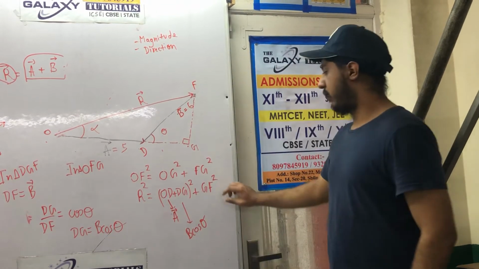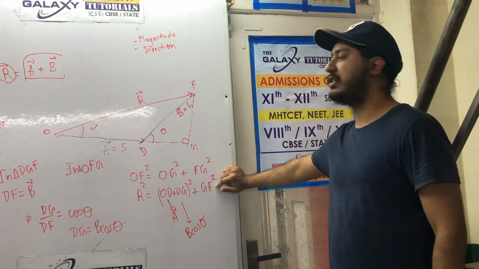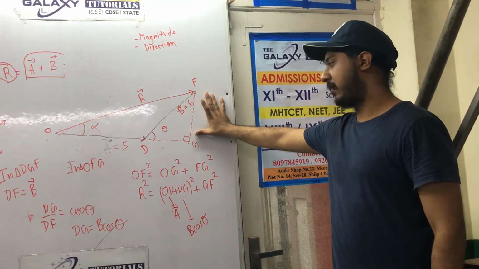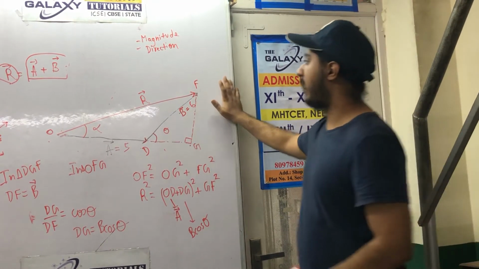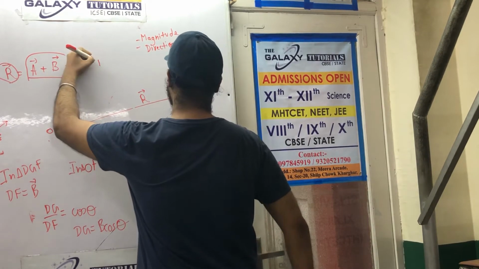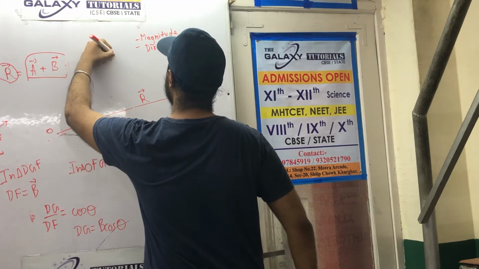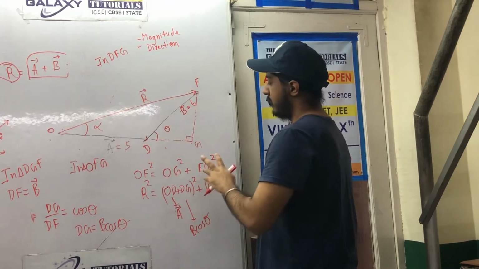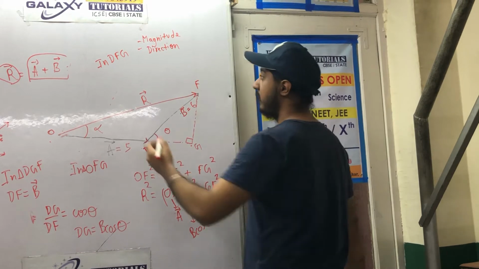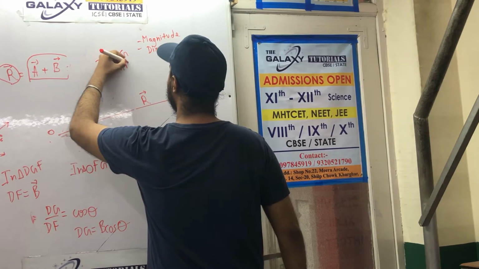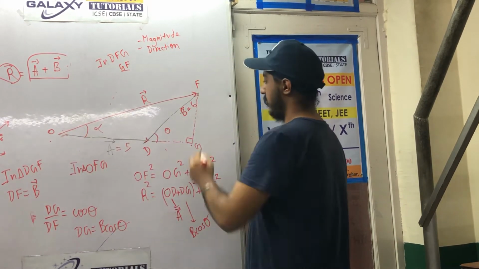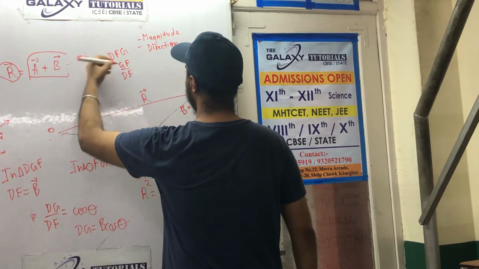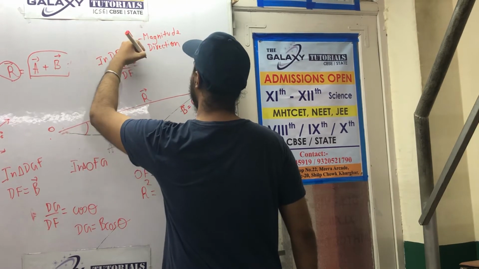Okay, now the last value is our GF. GF we don't know, but we can look in this triangle again. In the same triangle DFG, you know only one side, but you know theta also. So you will use trigonometry again. GF upon DF will be equal to sin theta.